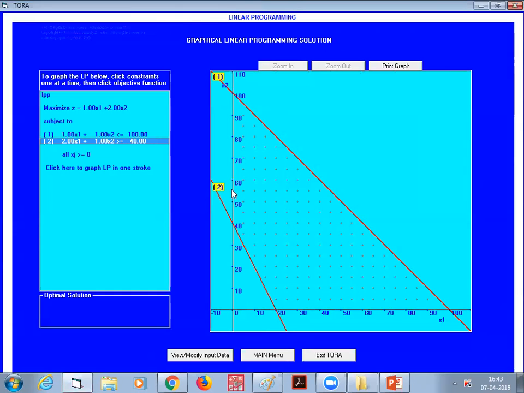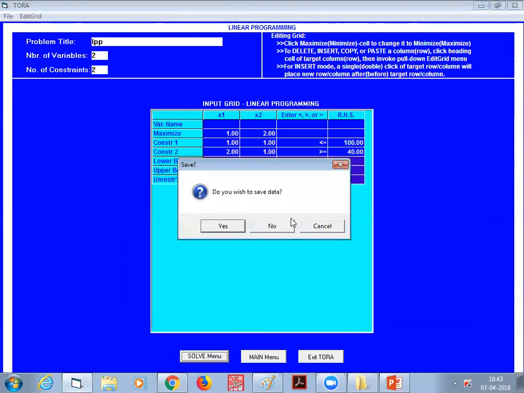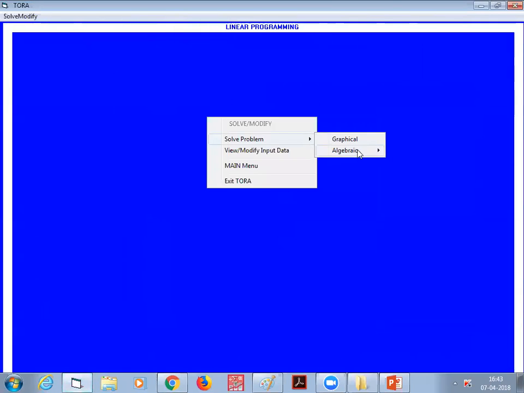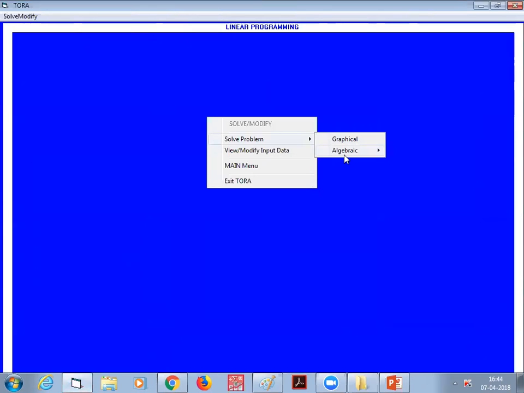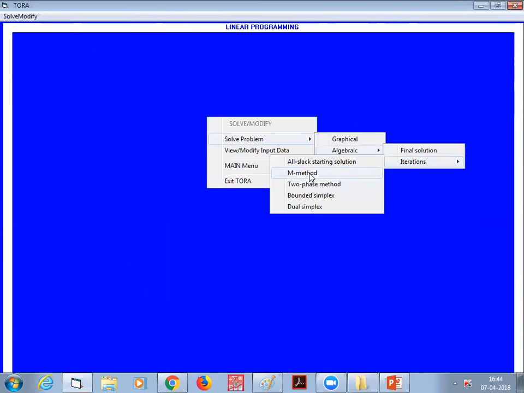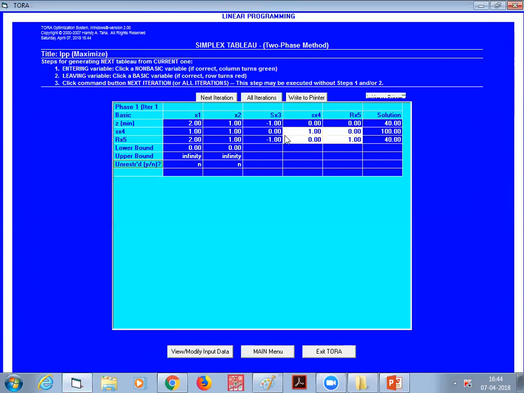Because it has an artificial variable, there's a two-phase method. There's another method called the M method, but let's just do this with the two-phase method, okay?